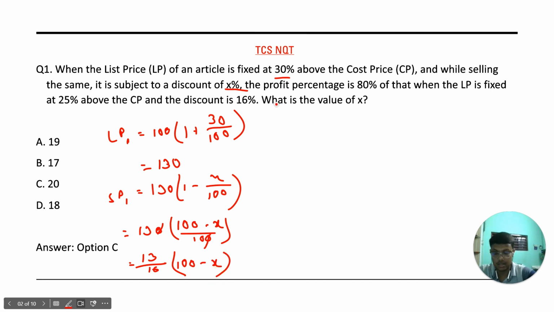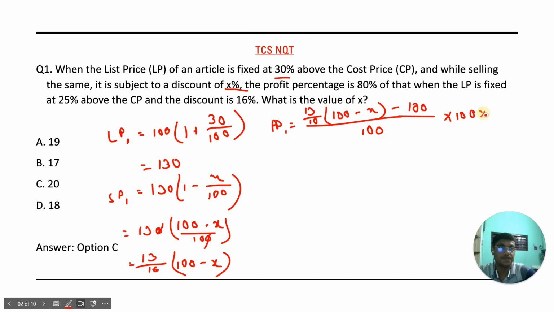Now we can calculate the profit percent. Profit percent for case 1 equals selling price, which is 13 by 10 into 100 minus x, minus cost price 100, divided by cost price into 100%.